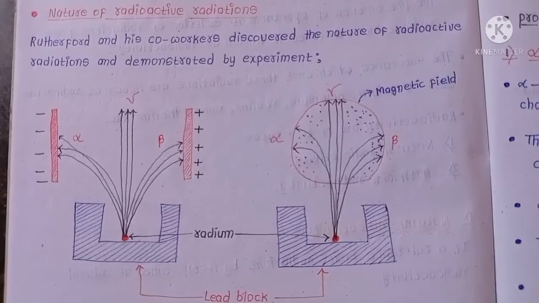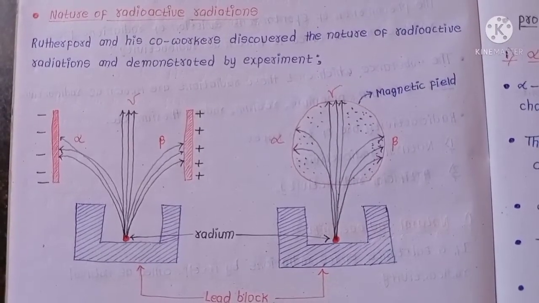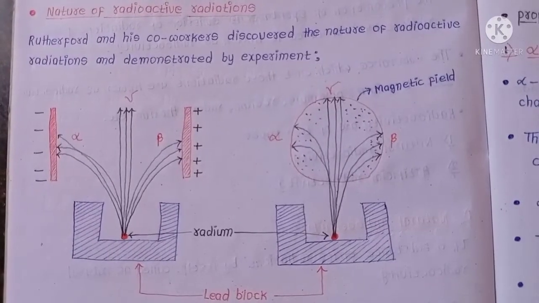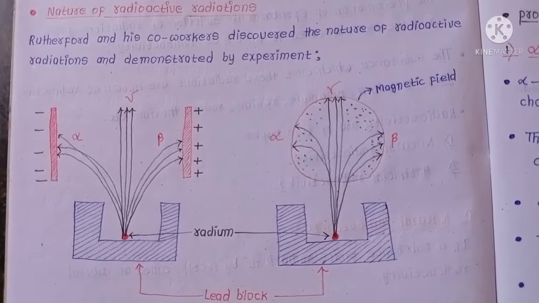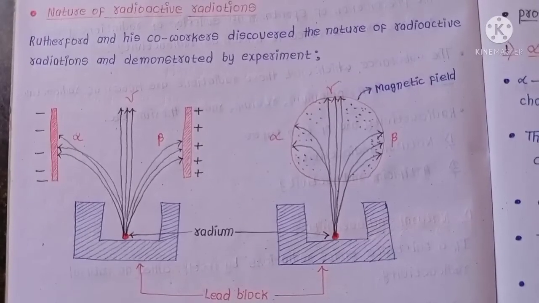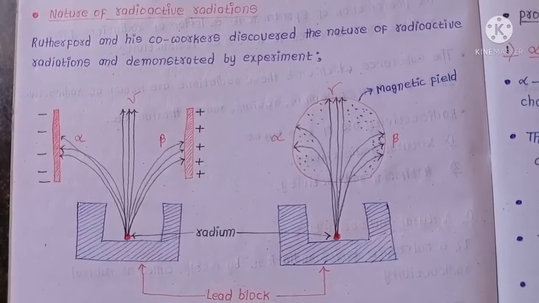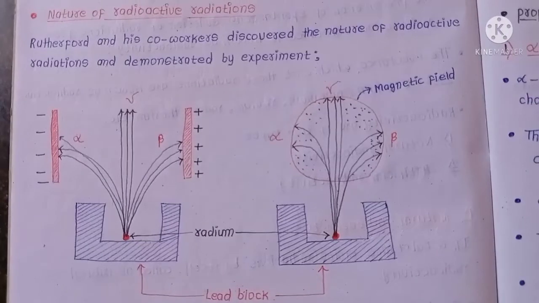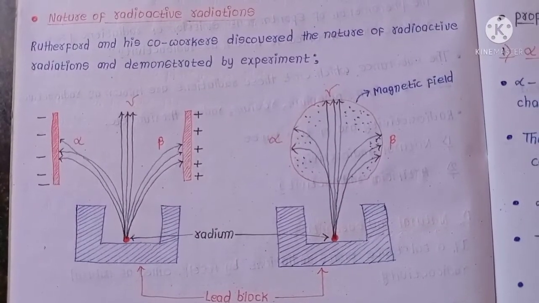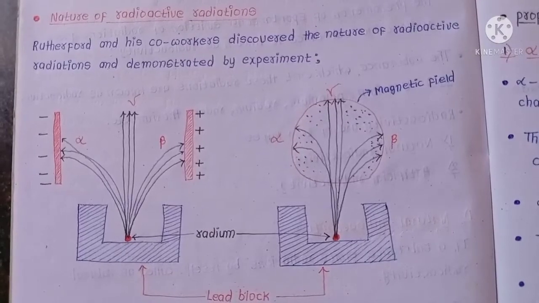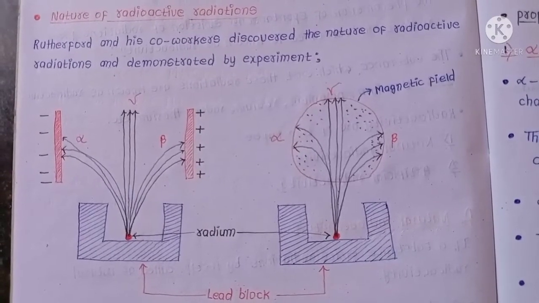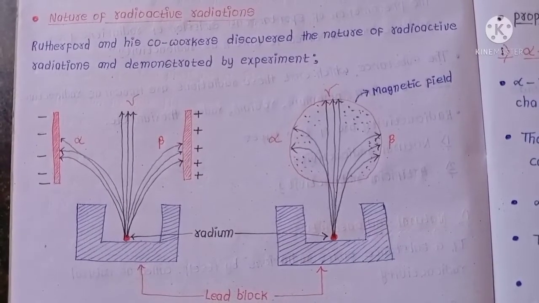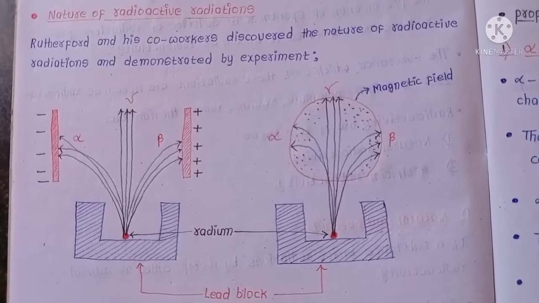When this radioactive substance is placed inside an electric field, as we can see on the left side, the radiation coming out from this small opening splits: some of the radiation bends towards the negative plate, and some towards the positive plate. The radiation which bends towards the negative plate we call alpha radiation or alpha particles, because they are positively charged. The radiation deflecting towards the positive plate we call beta particles, and the beta particles are negatively charged.